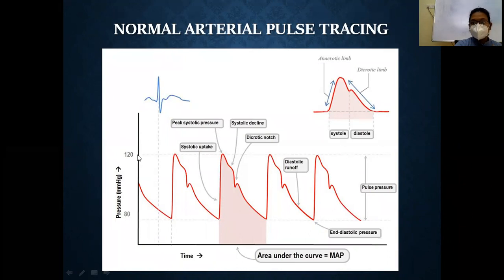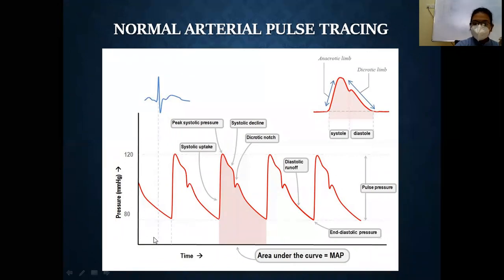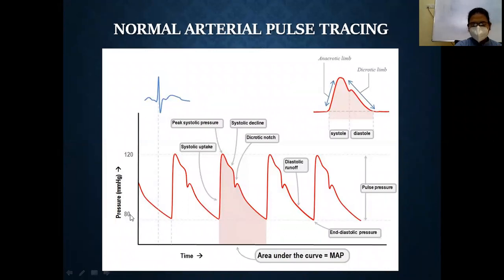Considering that the systolic blood pressure is 120 and diastolic is 80, these figures have been illustrated in the graph. In this graph, there is no zero. The X-axis is the time phase, whereas the Y-axis is the pressure. When you see here, diastolic is 80.